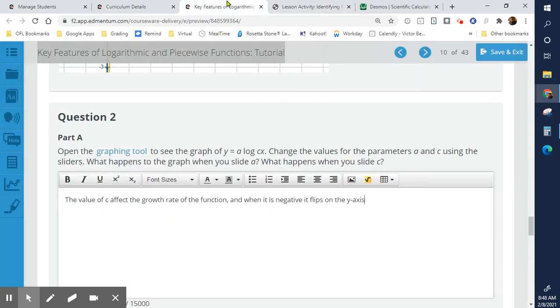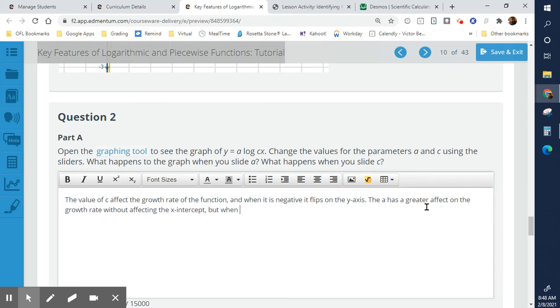Okay, so give me a second here. The A has a greater effect on the growth rate without affecting the x-intercept.